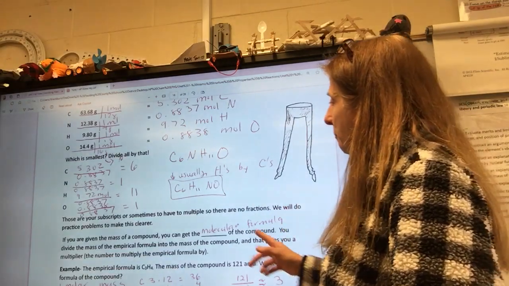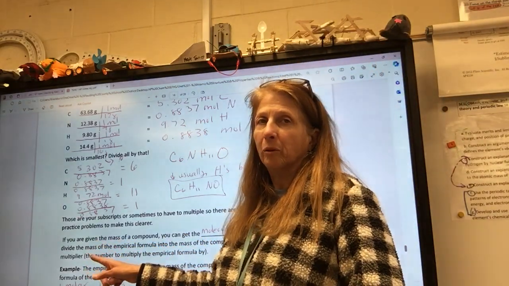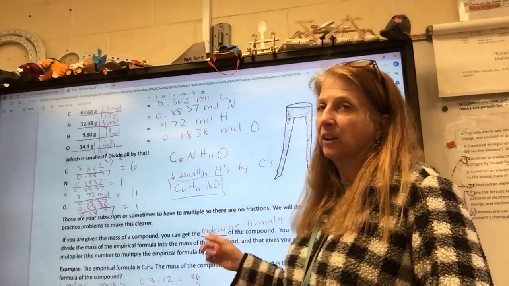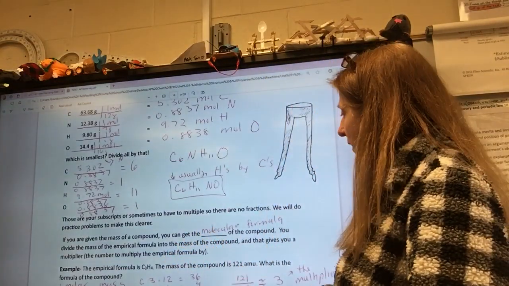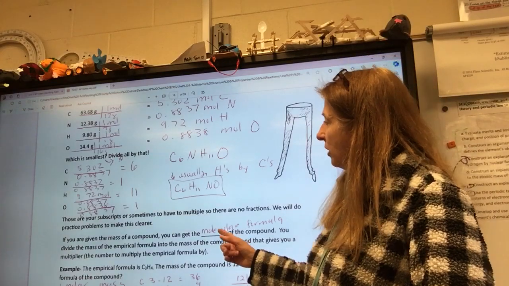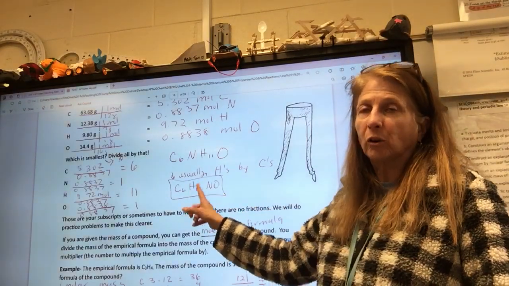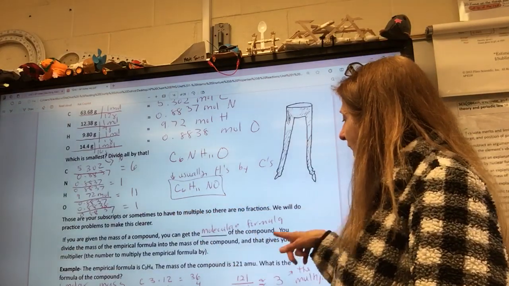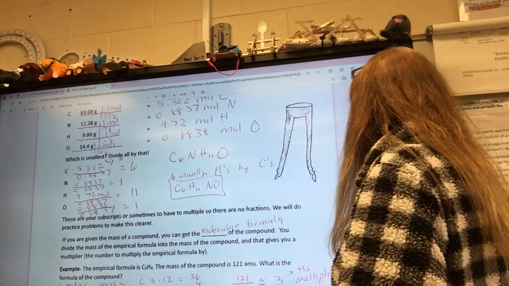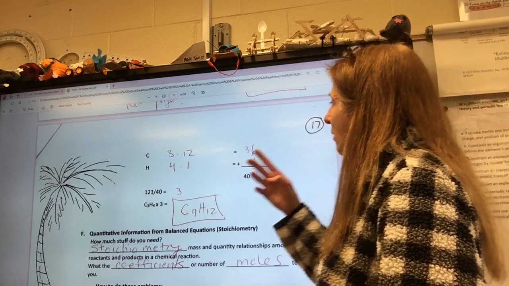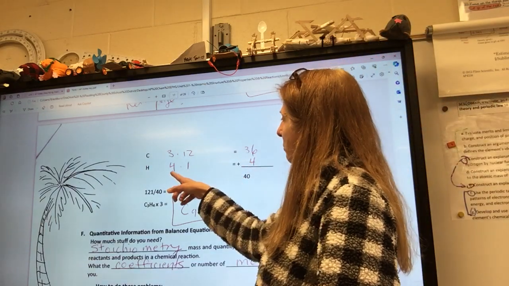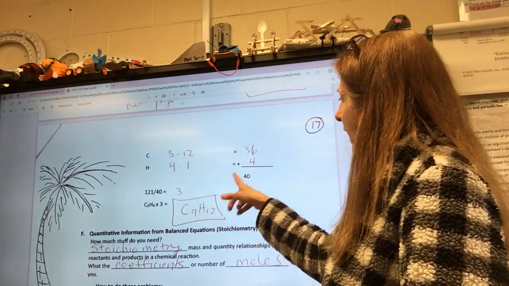If you're given the mass of a compound in these problems, that means you can get the molecular formula, the real formula, the unreduced formula. How you do it is you look up the molar mass of the empirical formula and divide it into the mass they give you. Now, I did it there, but I meant to do it here. Okay, so here, this is the molar mass of my empirical formula that I had.